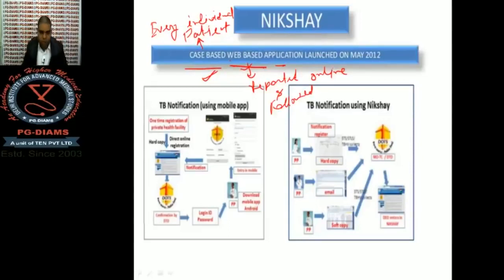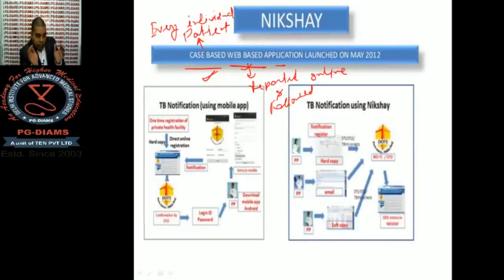That means previously what used to happen is only government doctors used to provide data regarding tuberculosis patient, and since most of the patient goes to private care provider in India, so the data regarding their treatment or regarding their failure or loss to follow up was not used to come to Government of India.